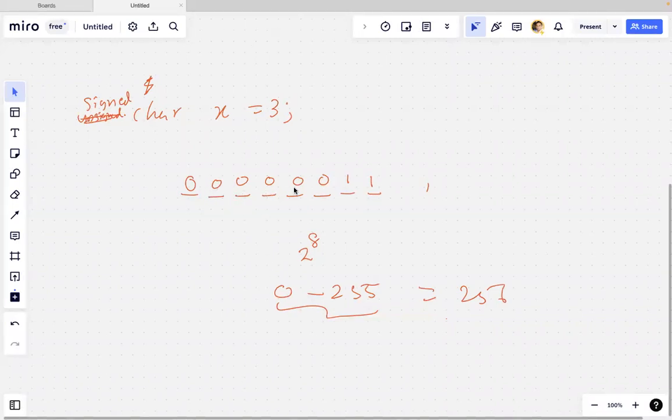One, two, three, 4, 5, 6, 7, 8. Okay, the value is 3. If you use a signed value, the most significant bit is taken to identify the sign of the value, whether it is plus or minus. If it is 0, 0 means positive value, that means plus value. 1 is considered as a negative value.